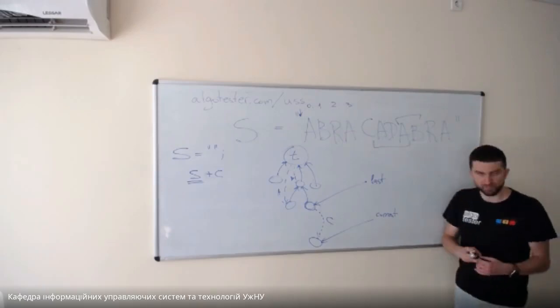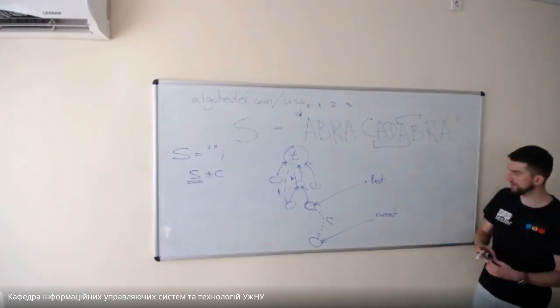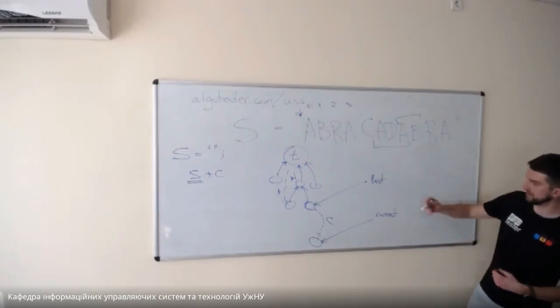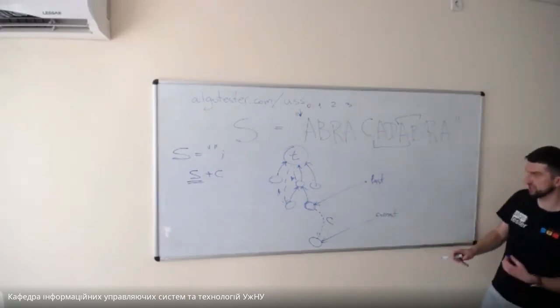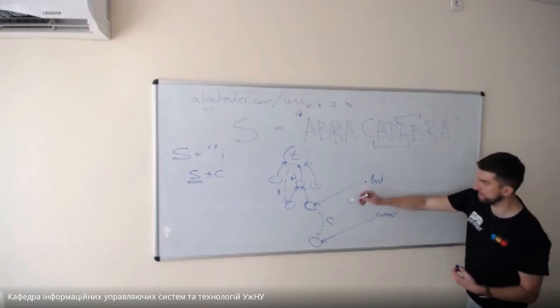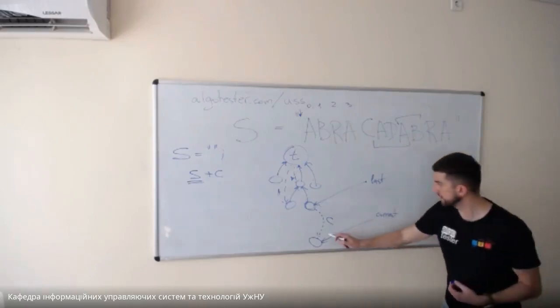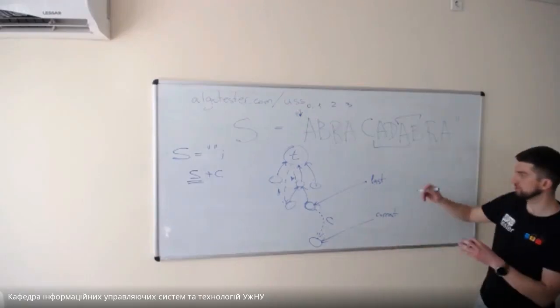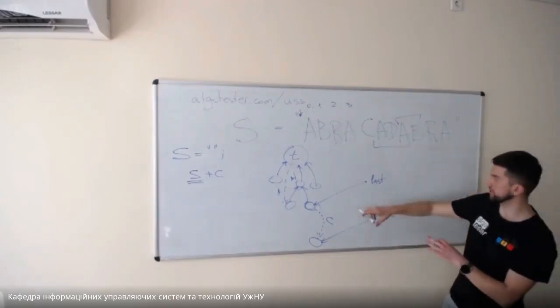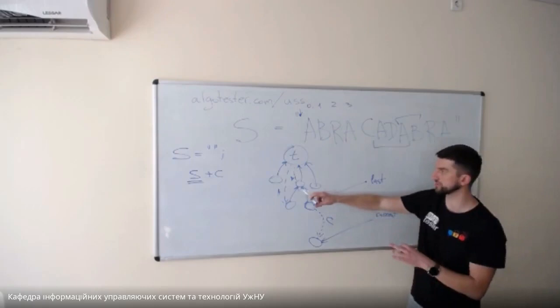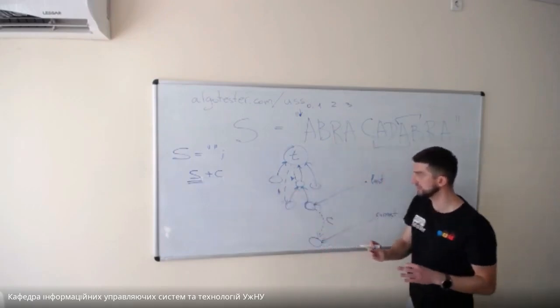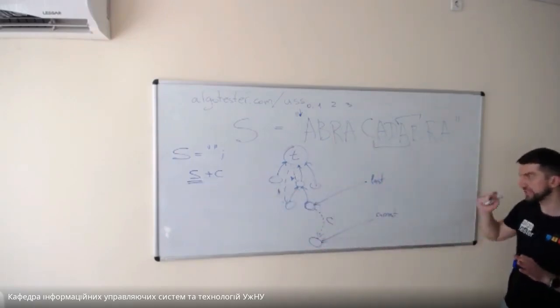However, it might happen that a transition... okay, so there is no transition from last, because last corresponds to the whole string S, and there can be no other transitions.